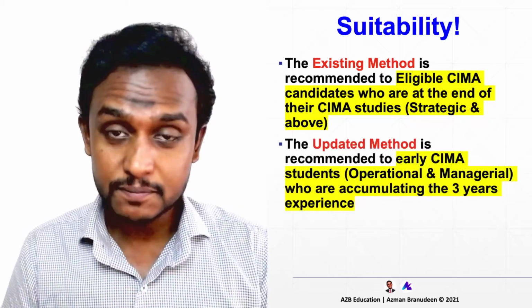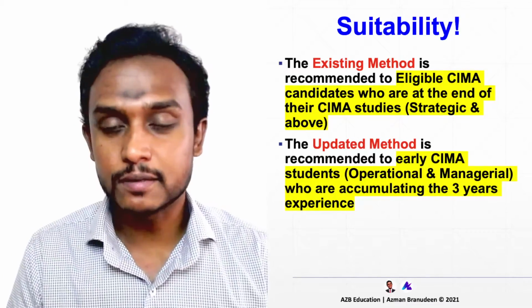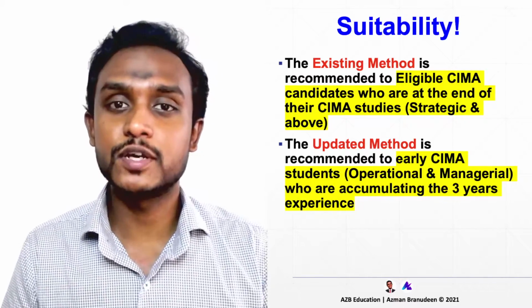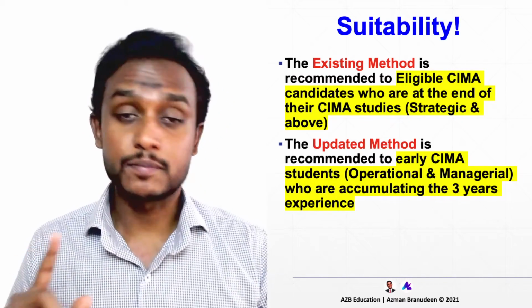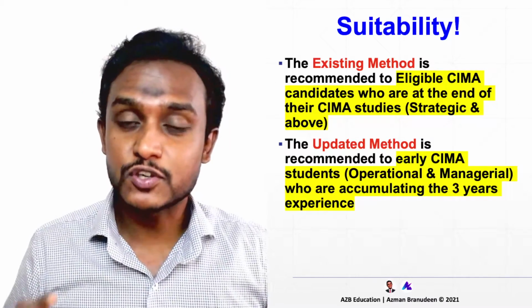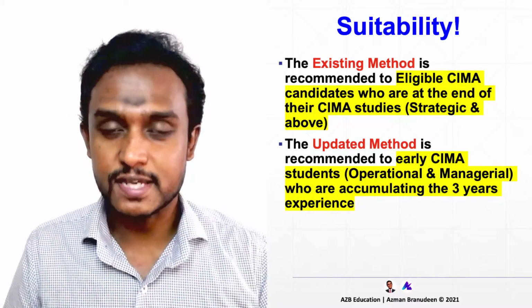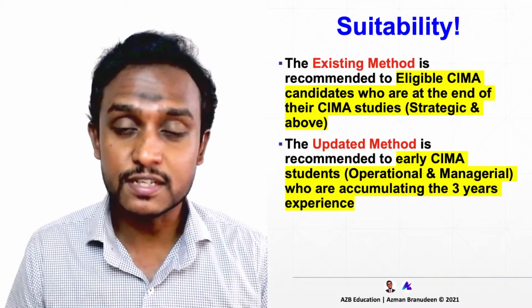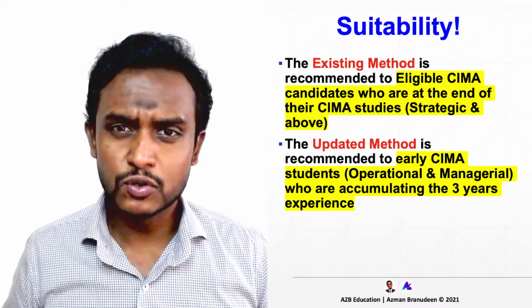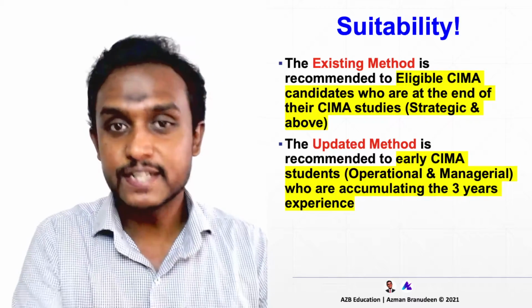The updated method is recommended for early CIMA students. If you're someone from the operational level or the managerial level, it is a current model to update, right? So you can start filling in the MAT, the membership application tool, now itself. Let's say you're at the operational level, and you have 6 months work experience, log into your MAT, fill in the details.